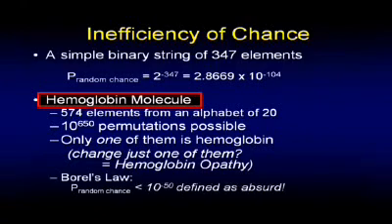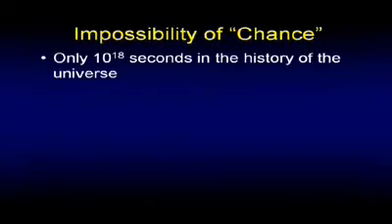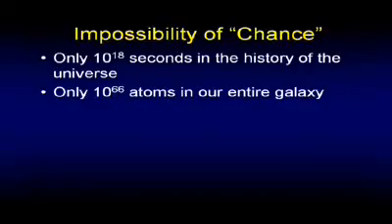Heavy stuff. Remember Borel's law? Anything with more than 50 zeros is defined as absurd. Hemoglobin happening randomly is really, really, really absurd. Just as is my little example with these silly little beads, okay? To give you some feeling for these numbers, there have been only about 10 to the 18th seconds in the history of the universe, if you accept a 13, 14, 15 billion year lifetime.